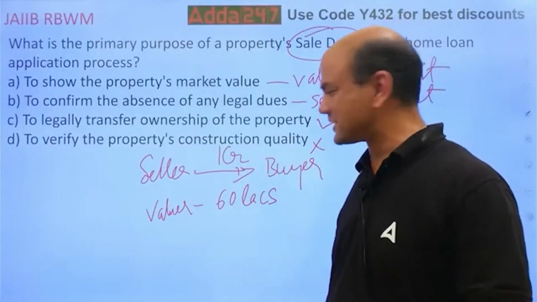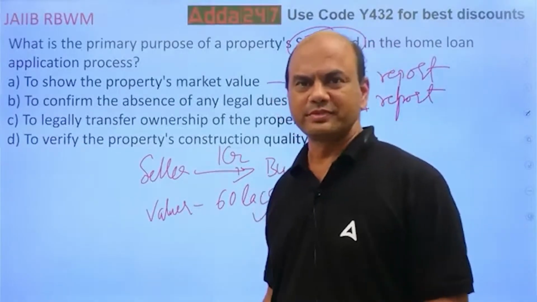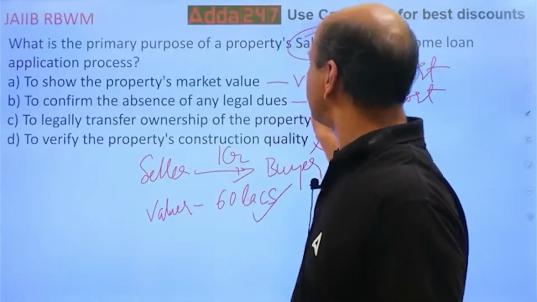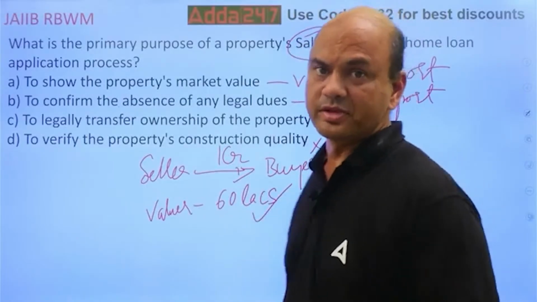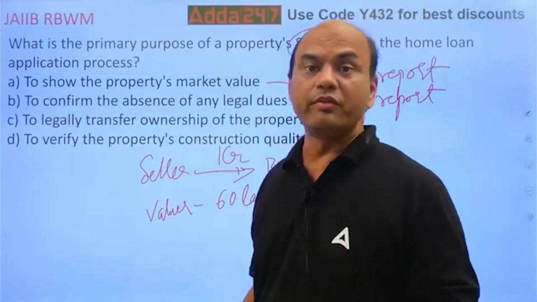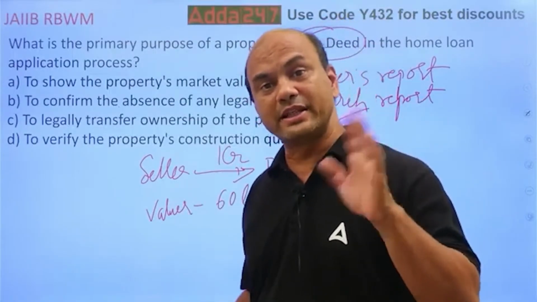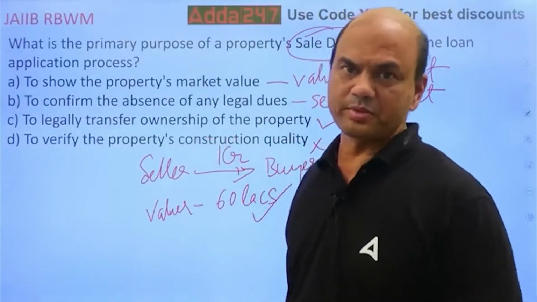Of course, on 60 lakhs, the lower of these two. That's the importance of valuer's report. And search report, encumbrance: whether there is any legal dues, whether somebody has claimed the right on that property. All these things are through the search report.